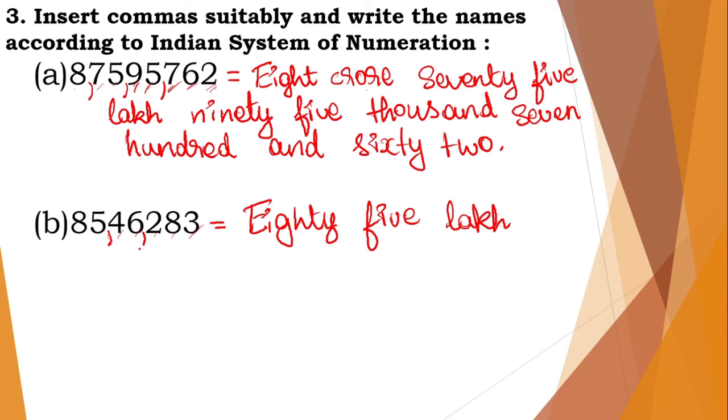And afterwards we have 46. So 46. Now after 46 we have 3 digits. So 3 zeros we have in 1000. So it will be 46,000. And after 46,000 at last we have 283.